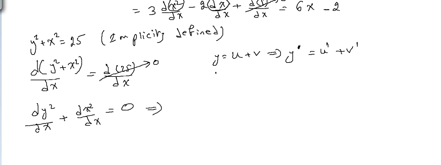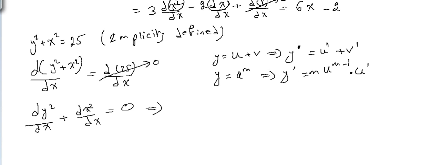Let's say y equal u to the power m. What is its derivative? It's m times u to the power m minus 1. And don't forget, we have to derive the function u also by itself.